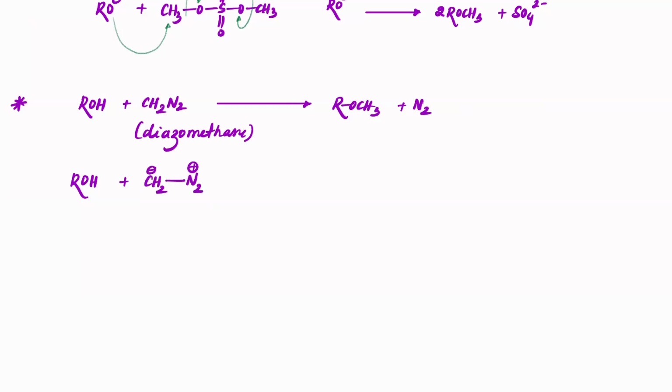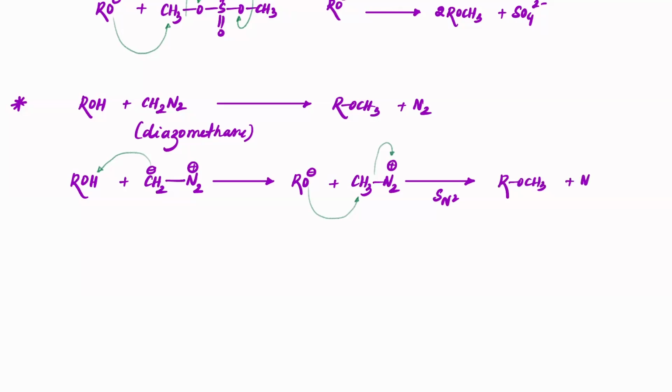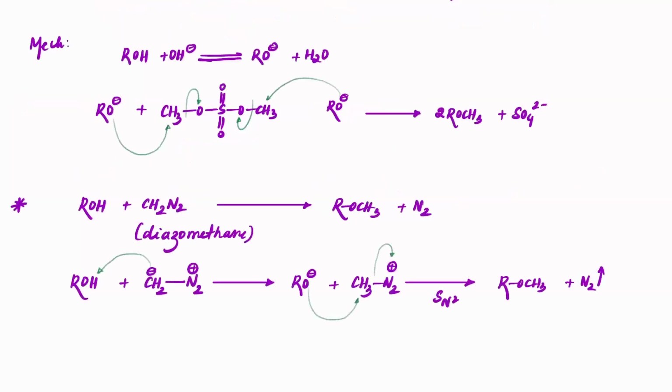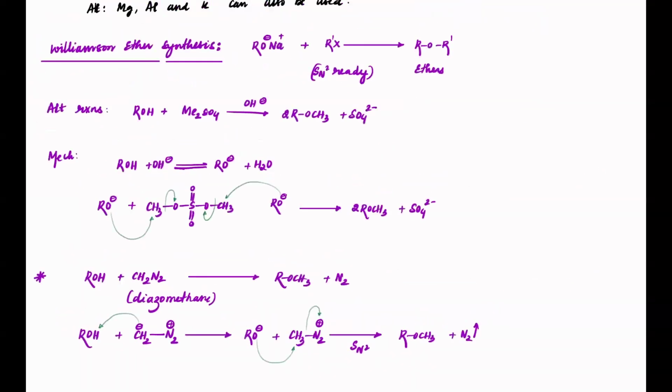This CH2 minus will take H plus from here, resulting in RO minus and CH3N2 plus. N2 plus is an excellent leaving group. So RO minus will back attack on it via SN2 mechanism, and that will give us ROCH3 plus N2. So this way you can get ethers. In fact, while reading ethers, you don't need to keep revising all these reactions, because these all become the preparation reactions for ethers, everybody.